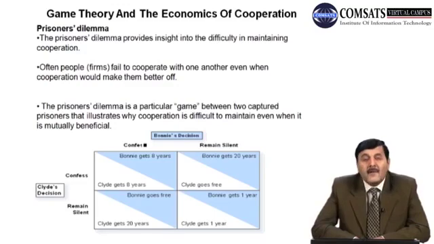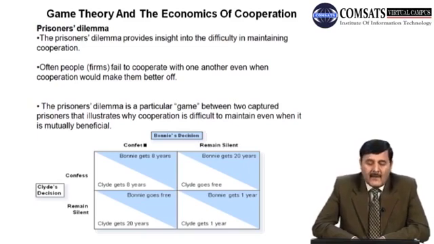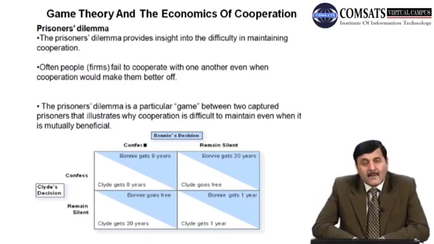So for Bonnie, of course, he or she has to make a decision between two options. One of the options with Bonnie is that either he confesses or remains silent. Similar options are available to Clyde, and he also has an option of confessing or remaining silent.